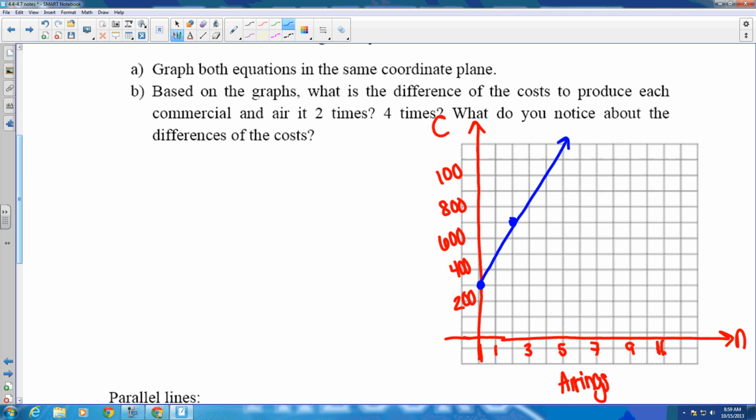Okay, so there's our blue equation. Second one is 400. Oops. First one. Second one starts at 400.